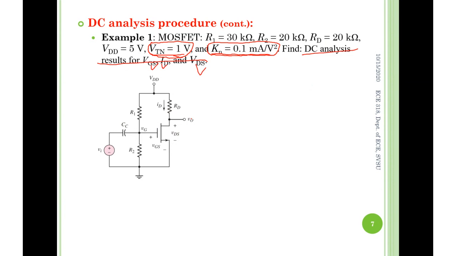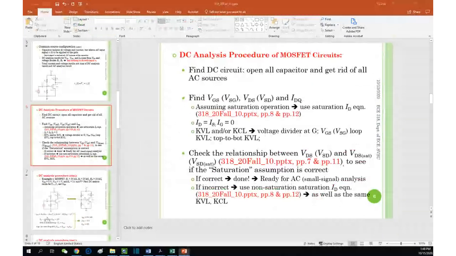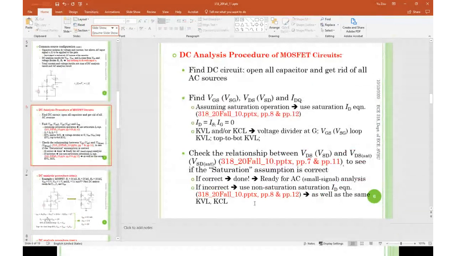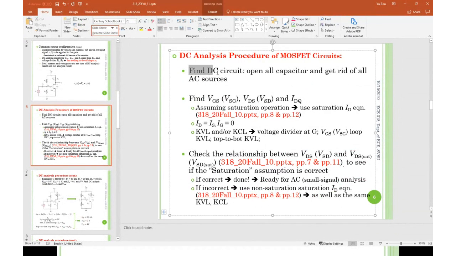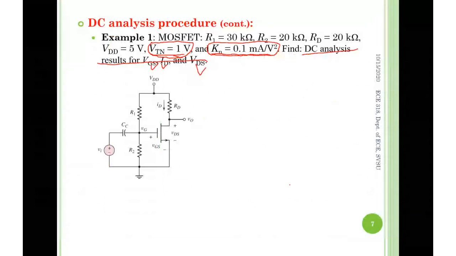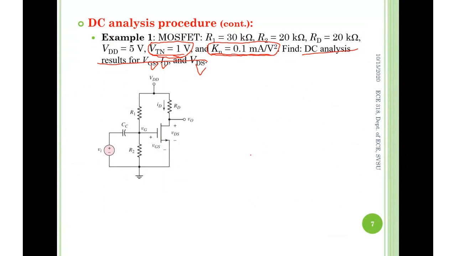So if you look at the procedure here, what you see is the first step, find the DC circuit. So for this circuit, how to find the DC circuit? Open the capacitor.